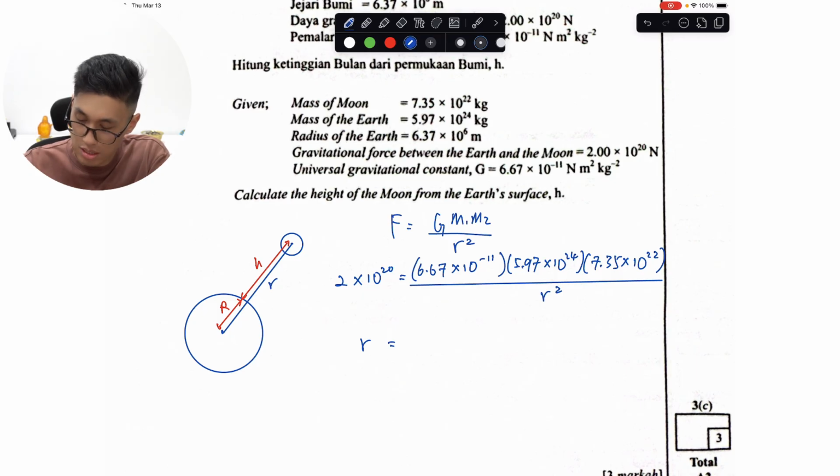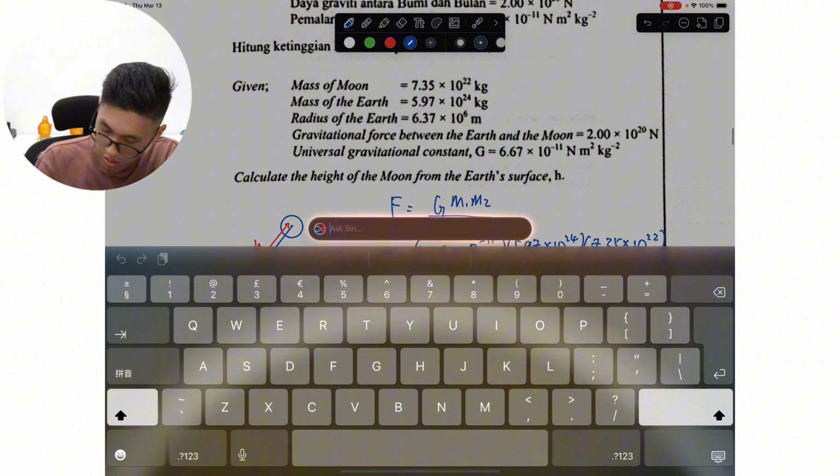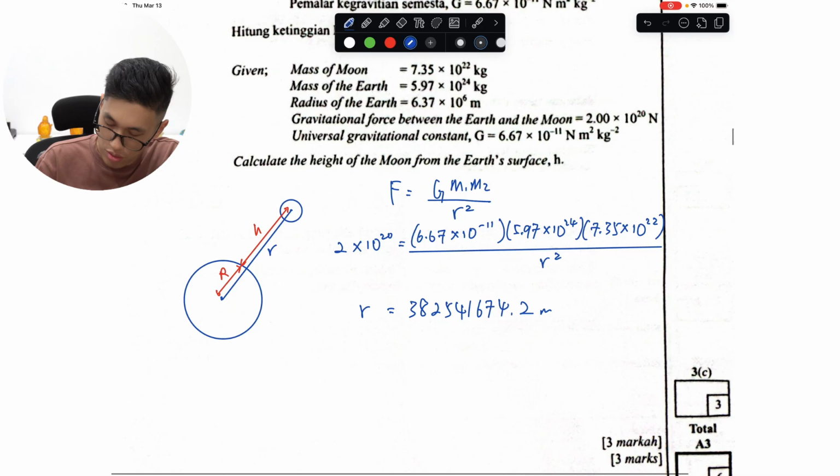Okay, so that is r squared. If I square root this, I will get 382,541,674.2 meters.